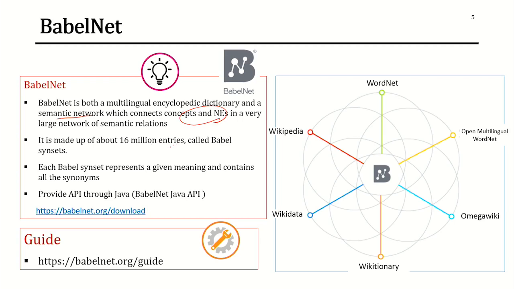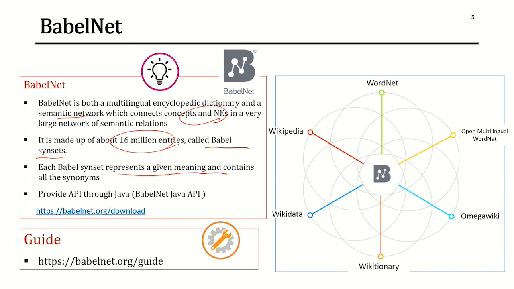It is made up of about 16 million entries. Each is called a Babel synset. In BabelNet, it consists of Babel synsets. Each Babel synset represents a meaning, and it contains all the synonyms for this given set.